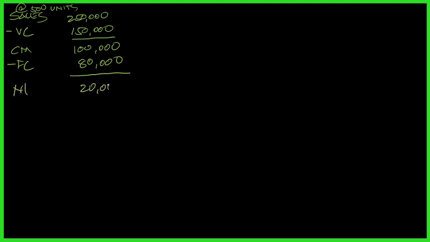That's 300 times 500, and then you will get contribution margin at 200, and then you will have your fixed cost at 80. We now have a net income of 20,000 pesos.